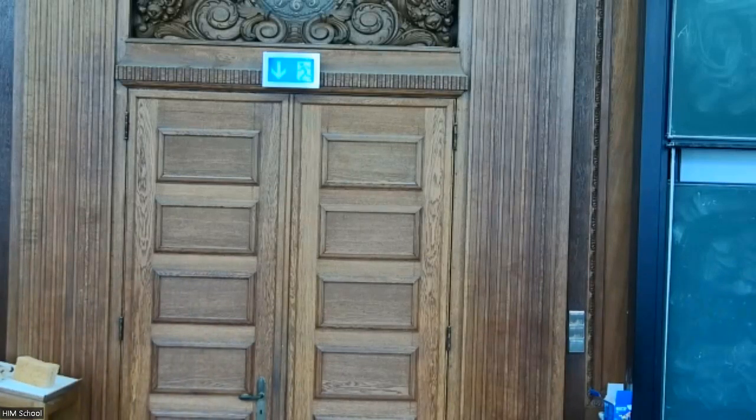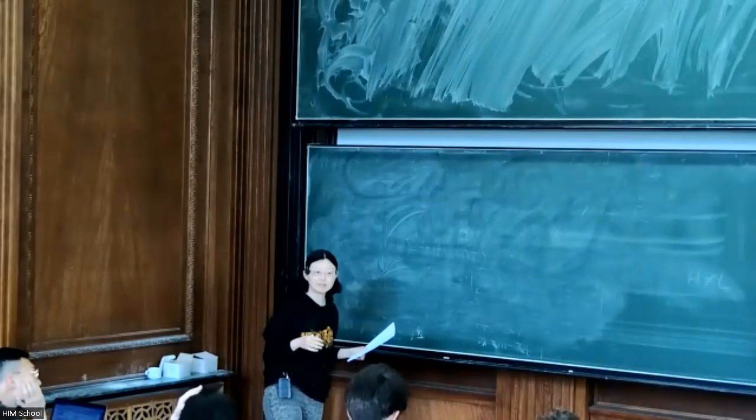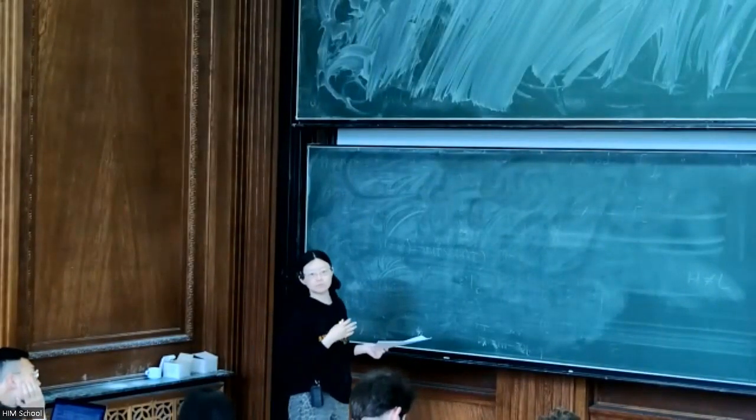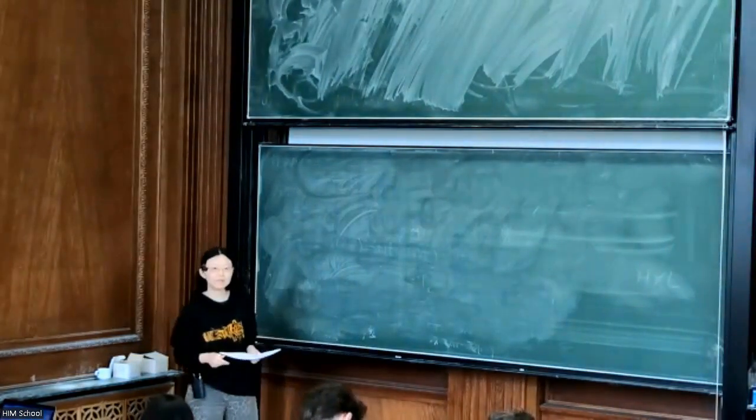So today we will continue yesterday's lecture. First, I will explain the Beilinson-Drinfeld affine Grassmannian, and then a map from the stack of Shtukas to the Beilinson-Drinfeld affine Grassmannian.